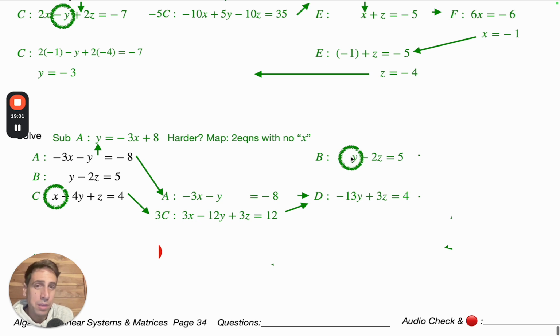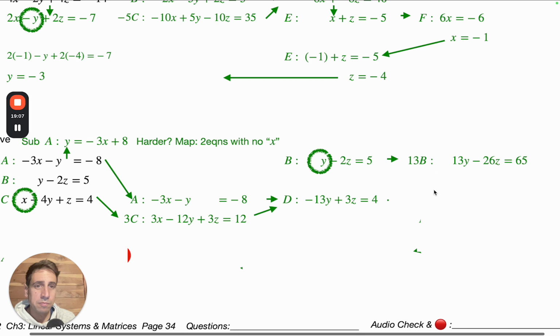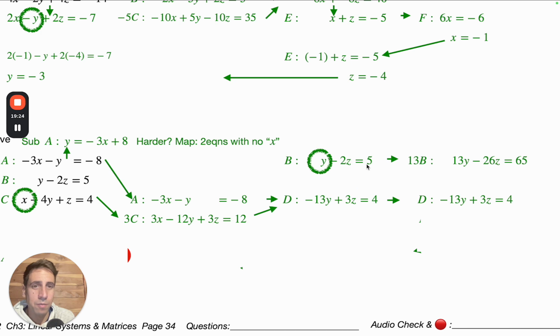So I'm going to multiply B by positive 13. Why positive 13? Because if I do, then I get positive 13y and negative 13y. I saw that back here. So multiplying the entire top equation by 13, I get 2 times 13 is 26, 5 times 13 is 65.